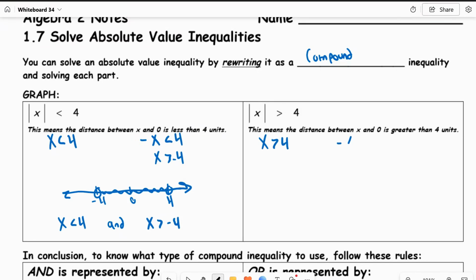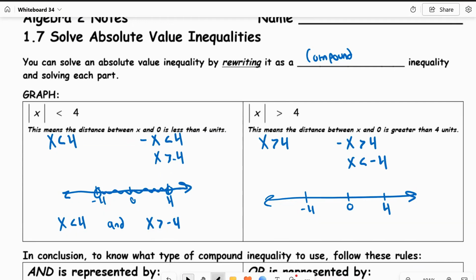And in my negative case, negative x is greater than 4, divided by a negative, I would have x is less than negative 4. If you were to graph both of these on a number line, I would have negative 4, 0, and 4.